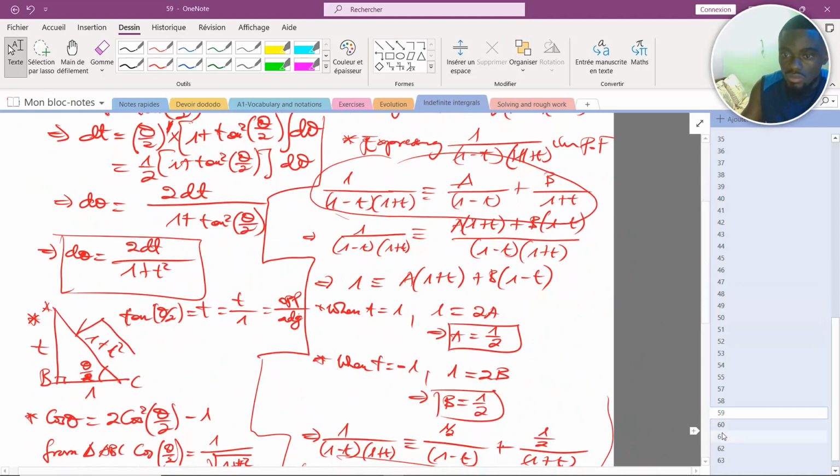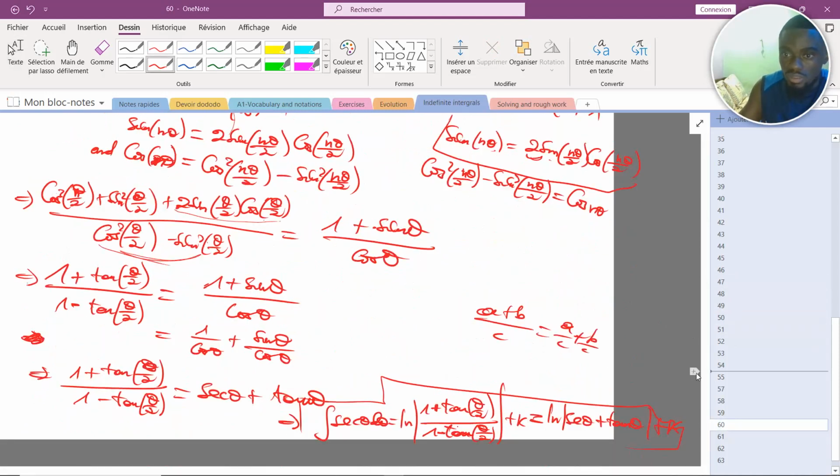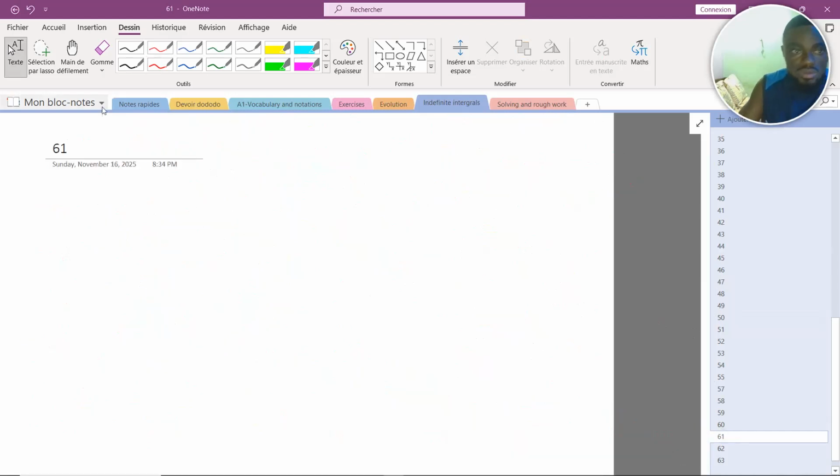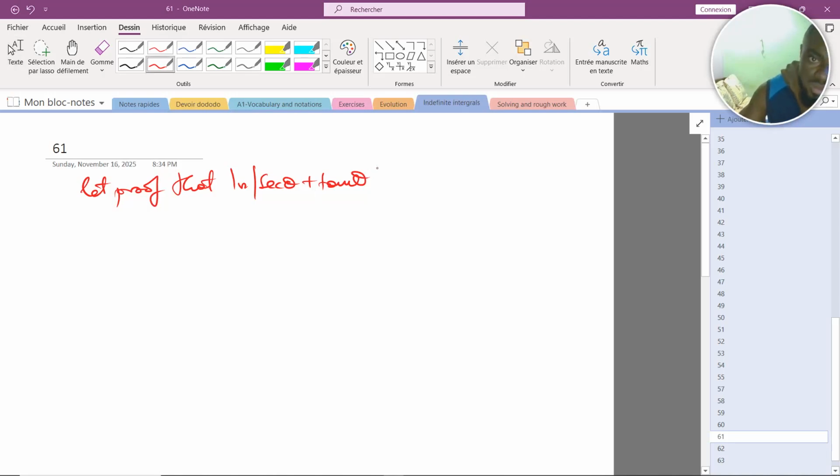Okay. For the second part, let's prove that ln of sec theta plus tan theta is equal to ln of the absolute value of tan of x on 2 plus pi on 4.